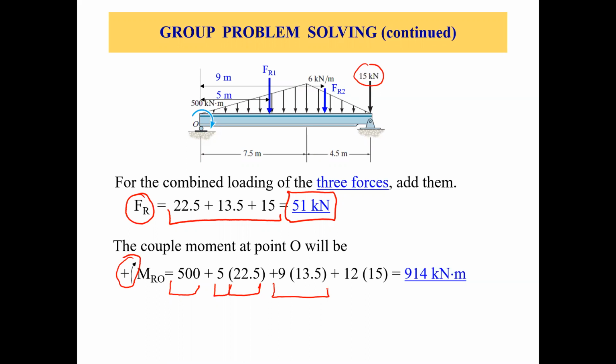Then the moment due to this 15 kilonewton force, 12 times 15. 12 is the moment arm about point O, and 15 kilonewton is the force. Once we use the calculator, we'll get 914 kilonewton meter as the total moment. And that's what we were required to find in this problem.